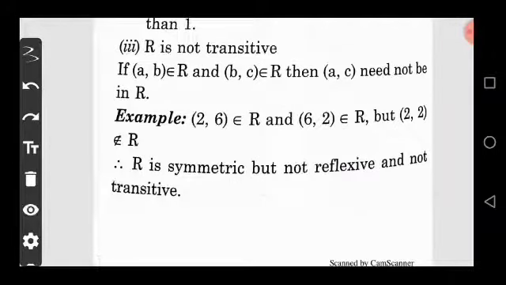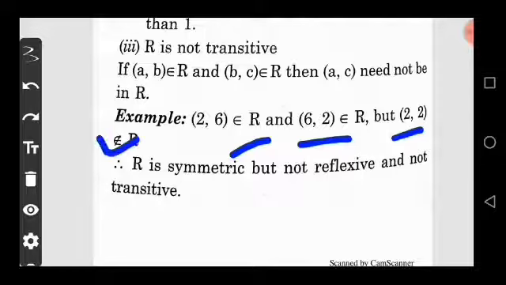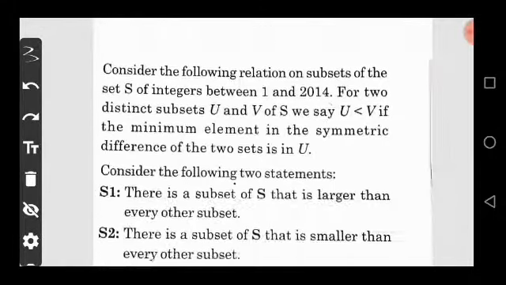Third condition, not transitive, because (A,B) is in R and (B,C) is in R, then (A,C) need not be in R. Example, (2,6) belongs to R and (6,2) also belongs to R, but (2,2) does not belong to R. So it is symmetric but not reflexive, not transitive. So option D is the correct answer. Now move on to the next question.